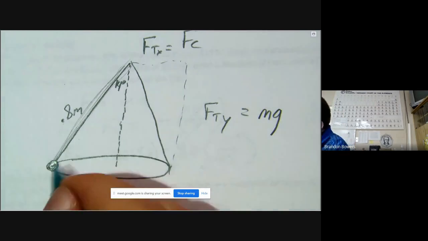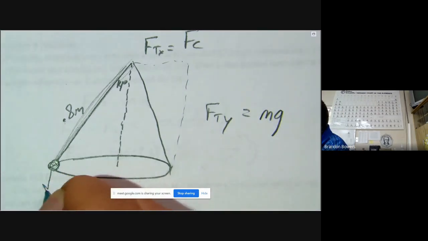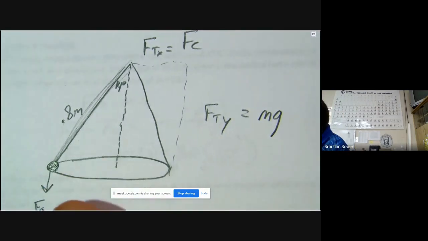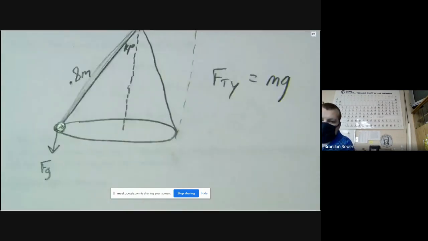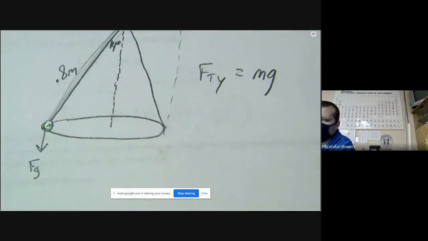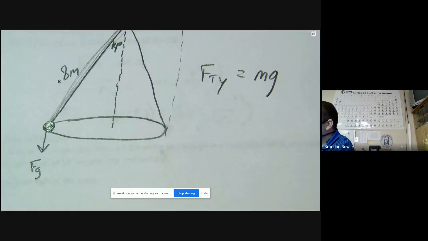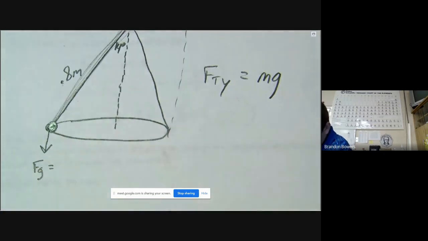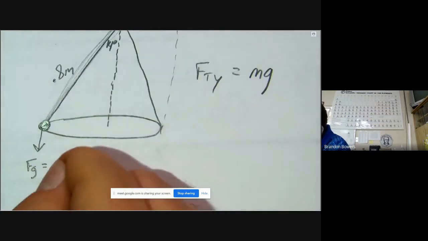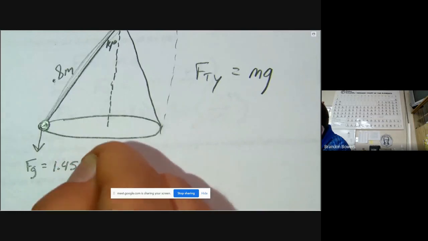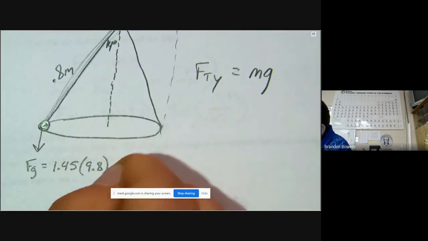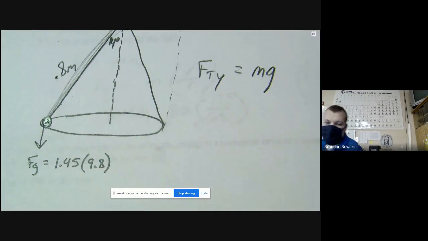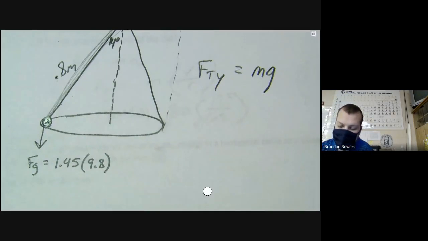So can we calculate the force of gravity? Okay, so the force of gravity is mass, which is 1.45, times 9.8. How do we know when to use negative 9.8?